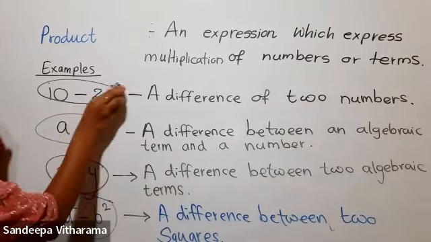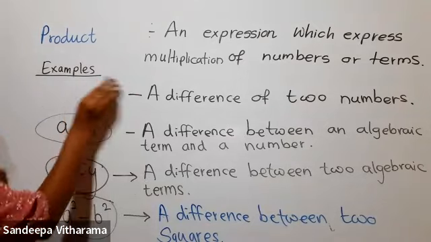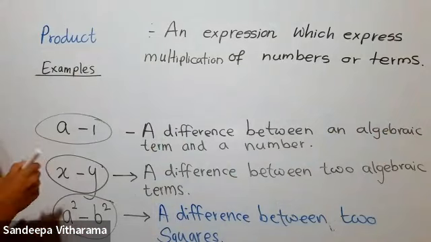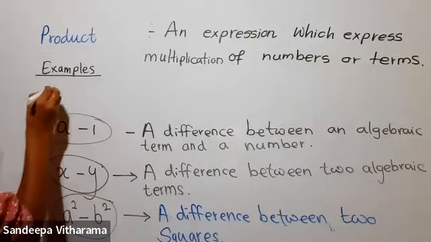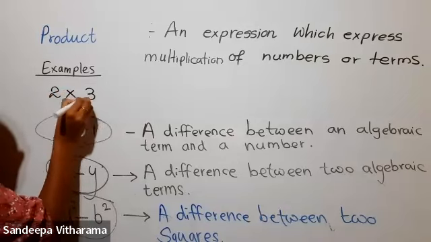Okay, then let's come to the examples. කියමු examples ගැන බලන්න. Okay, when it comes to the product between two numbers or three numbers, 2 into 3.